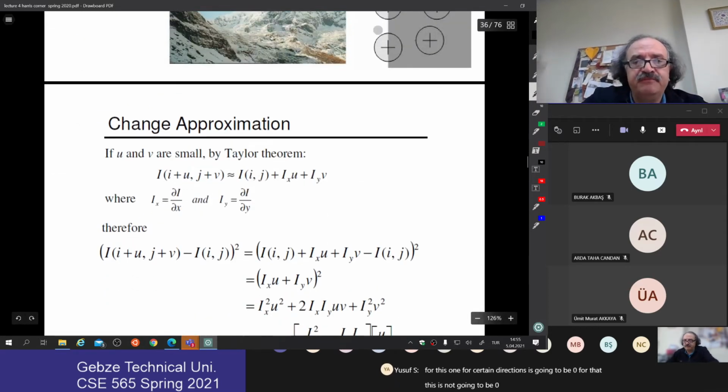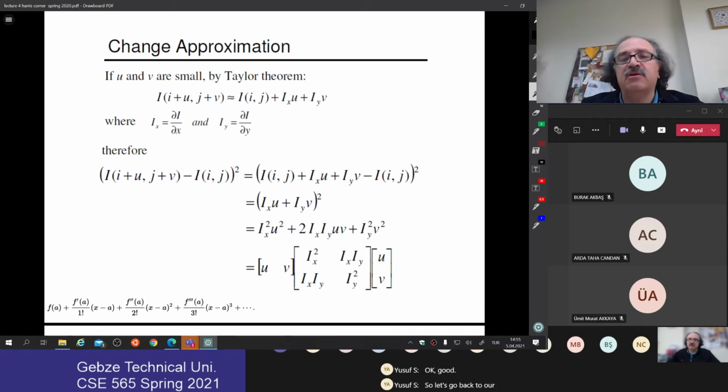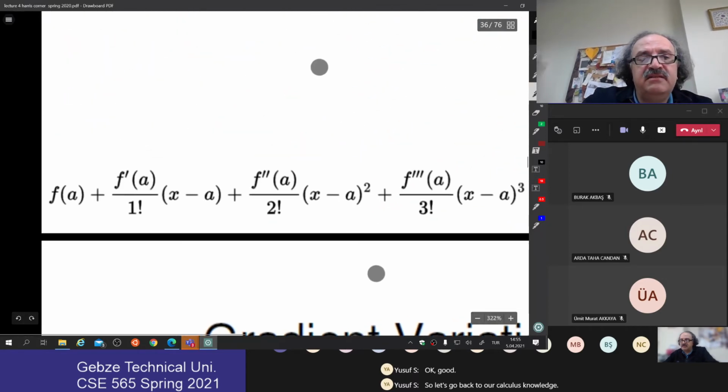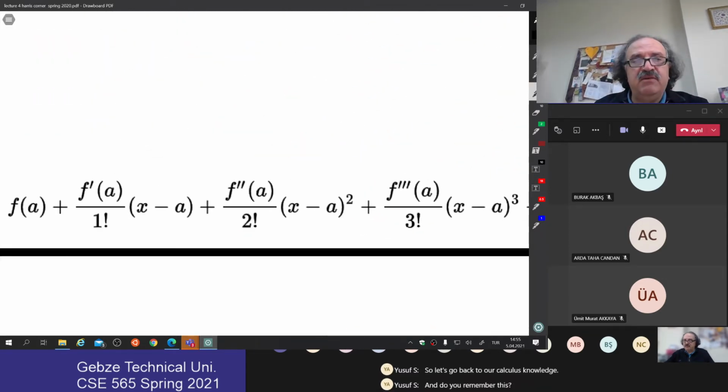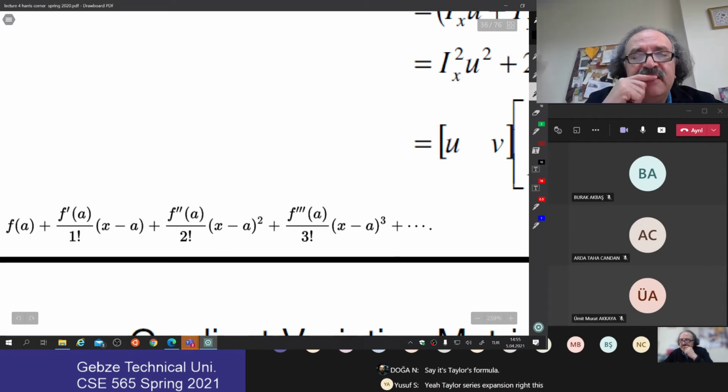Okay, good. So let's go back to our calculus knowledge. Do you remember this? It's Taylor's formula, the Taylor series expansion. What does it say?